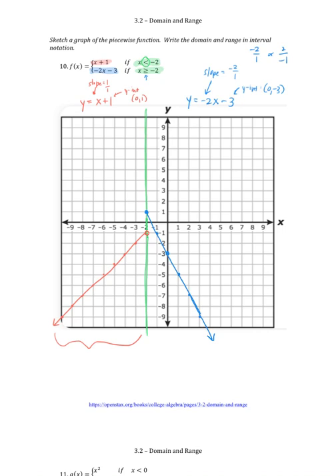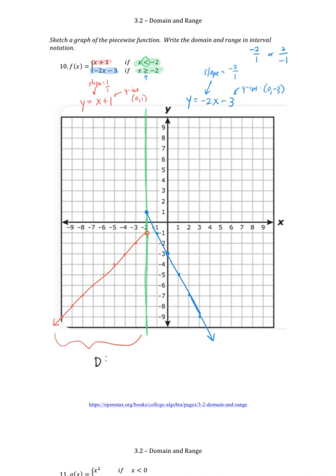Okay, so now that we have our graph drawn, we want to give the domain and the range. So the domain is going to be your x, or left to right. So we have two pieces. The red goes from negative infinity to -2, not including -2, but the blue does include -2 and goes to infinity.